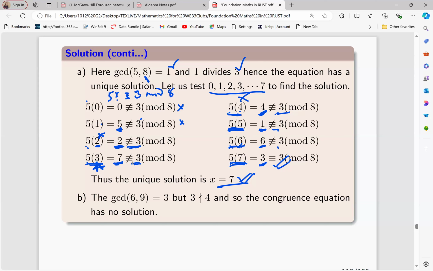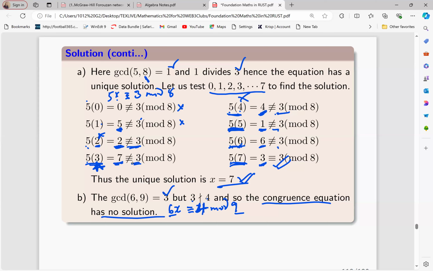Okay, the other question was 6x is congruent to 3. This was the question. As we said, we first find the GCD of 6 and 9, which is 3. And you can see that 3 cannot divide 4. That means this congruence has no solution.